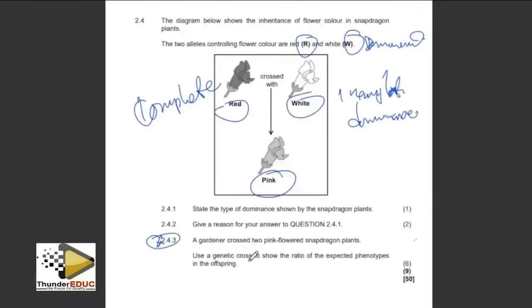But in this case, they crossed two pink, and pink is found in the second generation. Therefore it won't be P1, F1, it will be P2, F2. In most cases, students lose that mark. If it is the second generation, then you say P2, F2. If the first generation, then you say P1, F1.